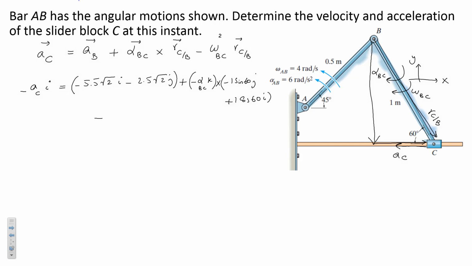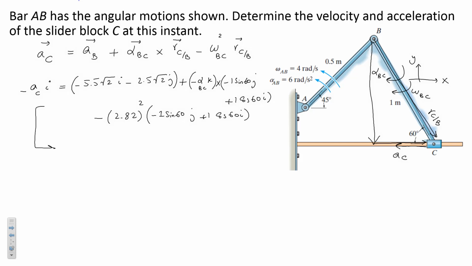And the last term is minus omega square, 2.82 square, times RC/B: minus 1 sine 60 j plus 1 cosine 60 i.